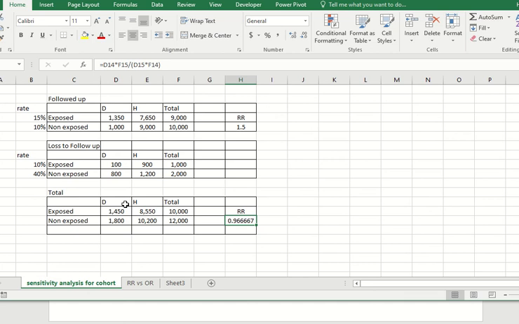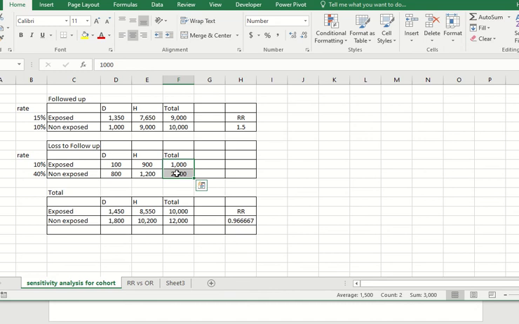So I, as a researcher, know that those are the ones that I followed, and based on those that I followed I'm coming up with the conclusion that the relative risk is 1.5. I know that there are 1000 or 2000 that I did not follow, and I don't know what happened to them.